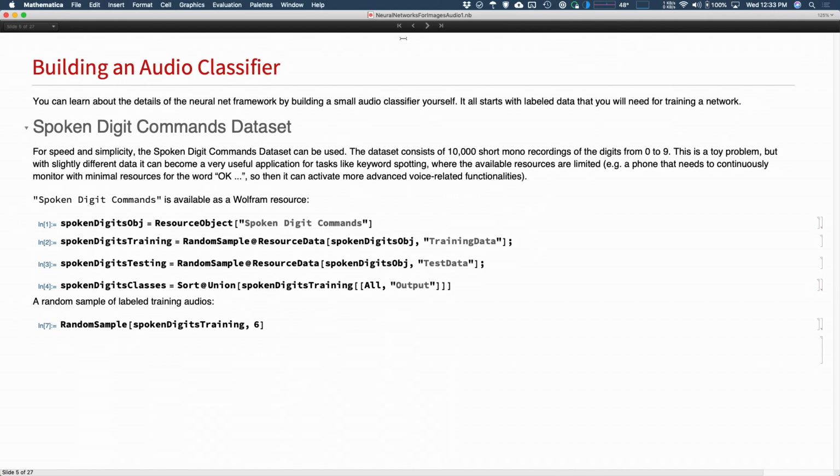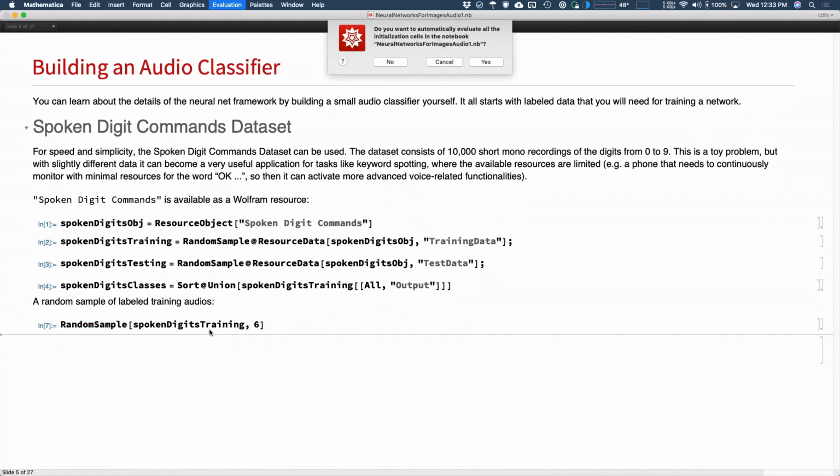And it's labeled both with the number, the digit that is spoken, and the identity of the person. For this specific classifier, we will completely ignore the identity of the person. We will focus on what is spoken. So the idea is to classify the digits independently of who the speaker is.